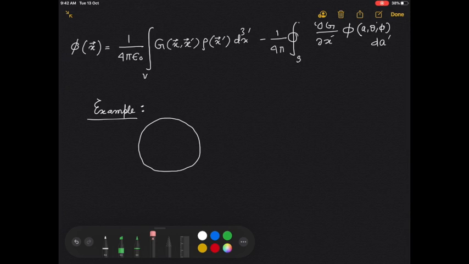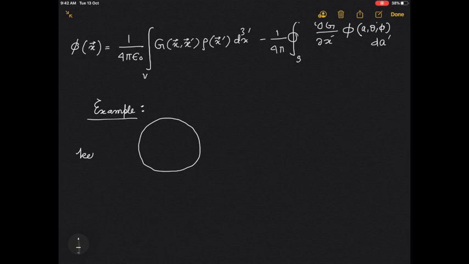I'm sorry, it's not grounded. The potential is not 0, but it is kept at a constant potential V0. And what is the condition on rho? No charges outside.